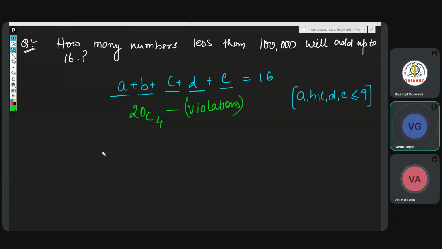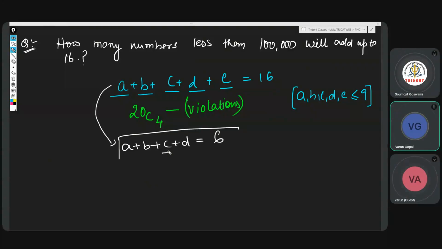A equal to 10, B plus C plus D plus E. The moment you take 10 out of A, this will be A plus B plus C plus D plus E equals 6.